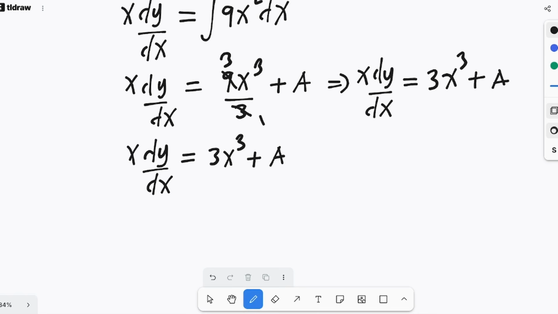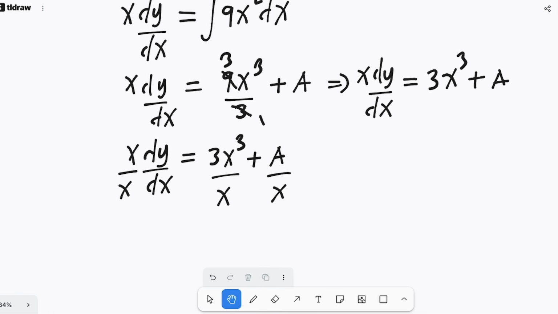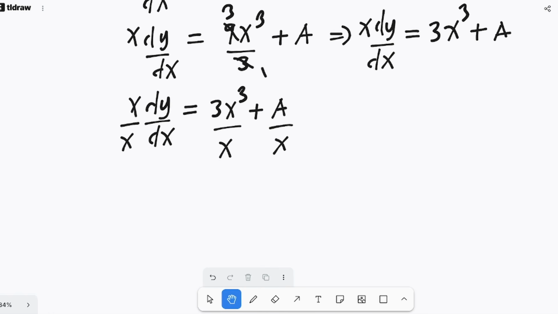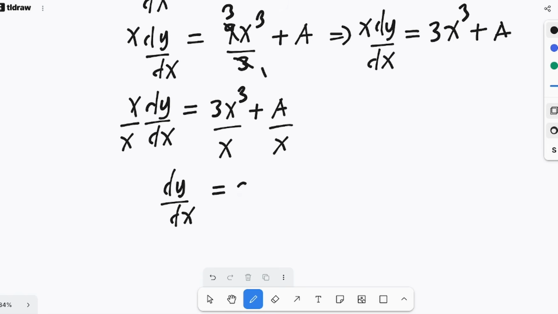So we divide through by x, handling numbers step by step. We shall have dy by dx, the first derivative, is equal to 3x squared plus a over x.